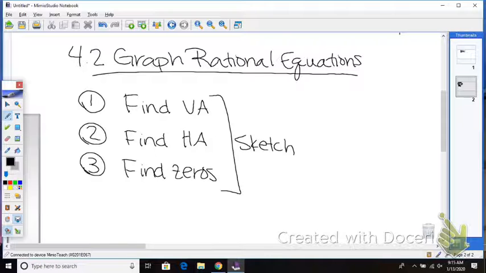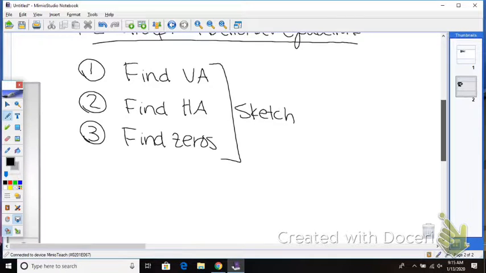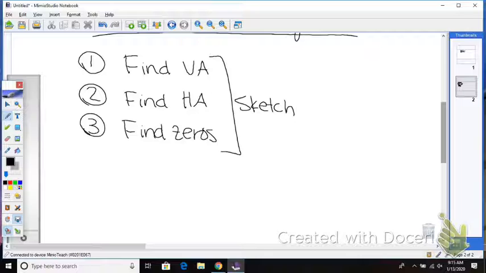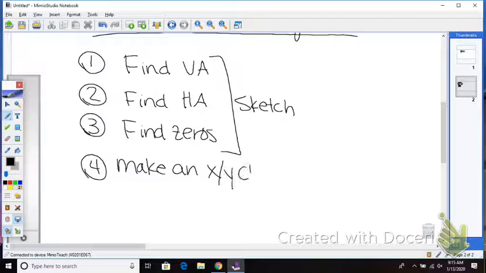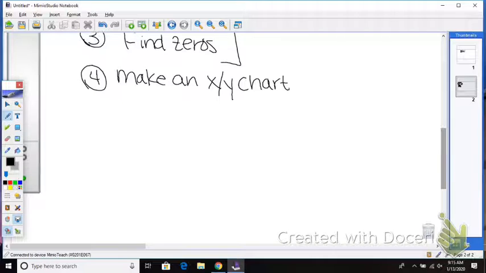I've put in the dotted lines, the zeros, as we go. Then the next thing I want you to do is make an XY chart. This might sound weird, but just go with it and I'll show you what I'm talking about.